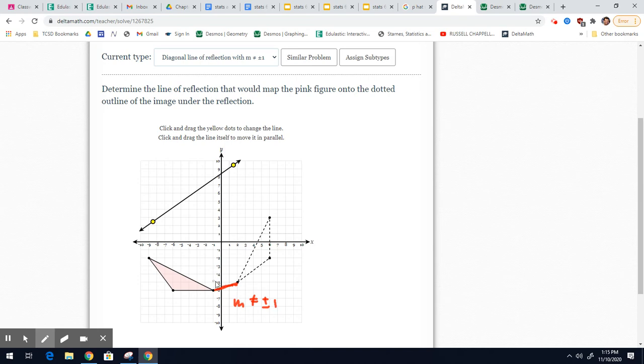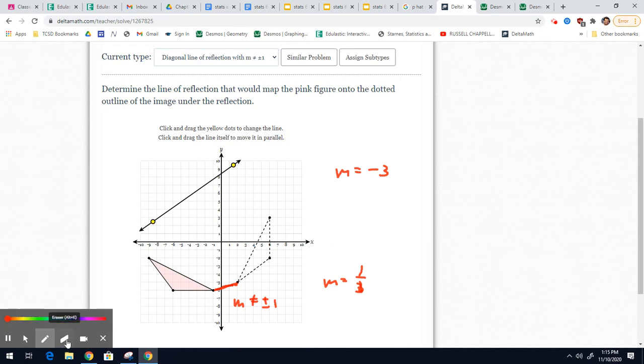This actually has a slope of 1/3, up 1. So our reflection line has to be perpendicular. That means opposite reciprocal. My line of reflection has to have a slope of negative 3. So when I graph this, I'm assuming that my line is going to have a slope of negative 3.